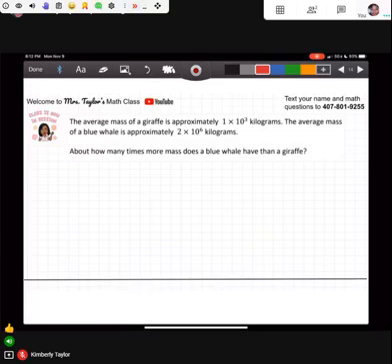So for the giraffe, this is the mass for a giraffe. Right now it's going to be 1 times 10 to the third power. So this is really 1 times 1,000, and that's going to get you 1,000.